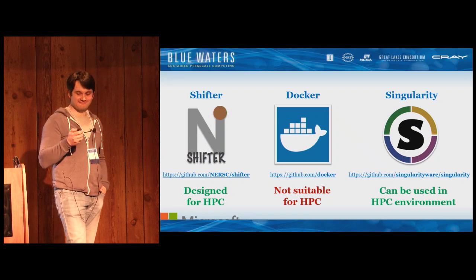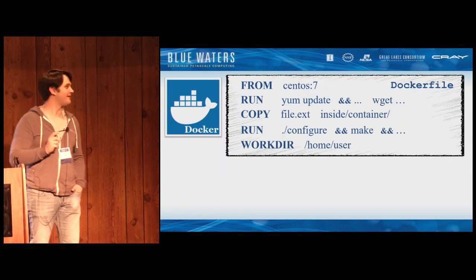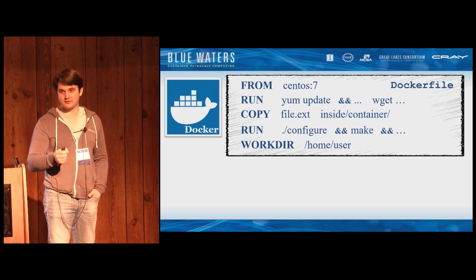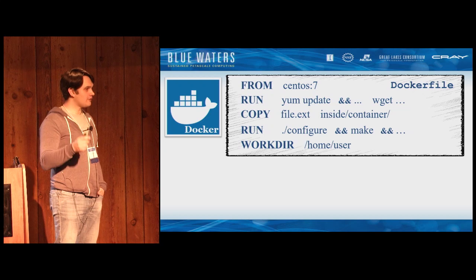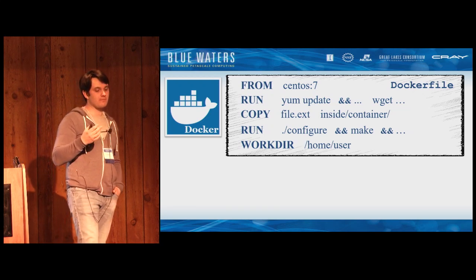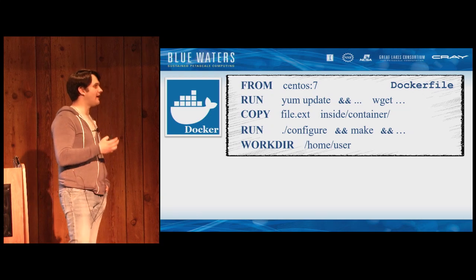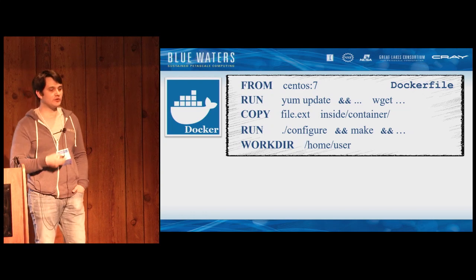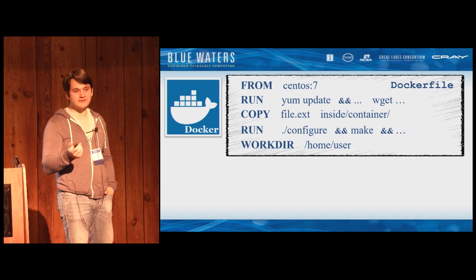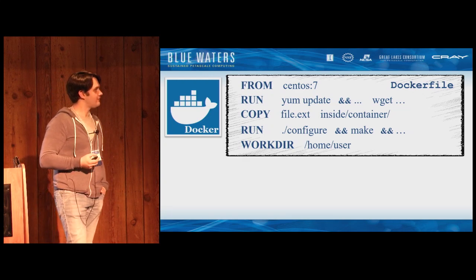So let's get started with Shifter. Apologies before that, just a brief review of what Docker is. Docker is a solution, and you can create your so-called recipes. These recipes are called Dockerfiles, where you just write what you want to do. For example, here I'm taking a CentOS 7 Linux, so this is a Linux thing.